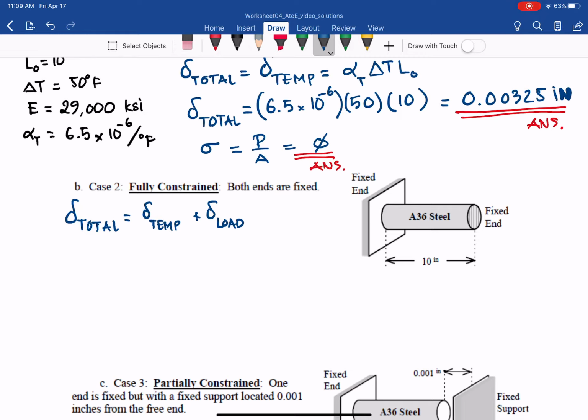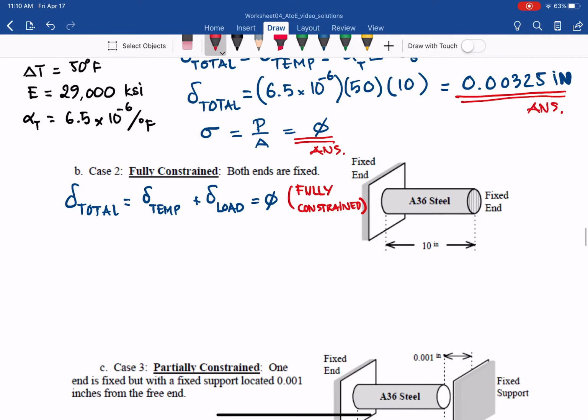It has to be 0 because it is fully constrained. So the answer for the total deformation equals 0.